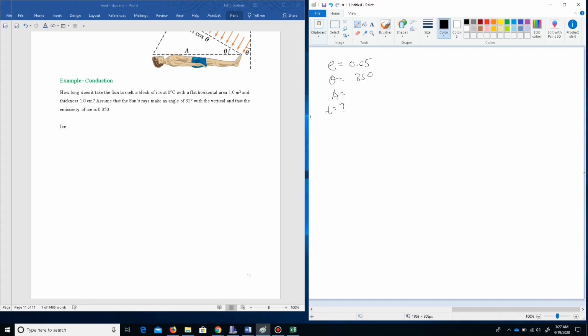Oh, I see, right, okay. For some reason I need a volume. Our area is going to be the 1 meter squared. All right, and then let's see, what else do we have? We have the thickness of 1 centimeter, so thickness 0.01.